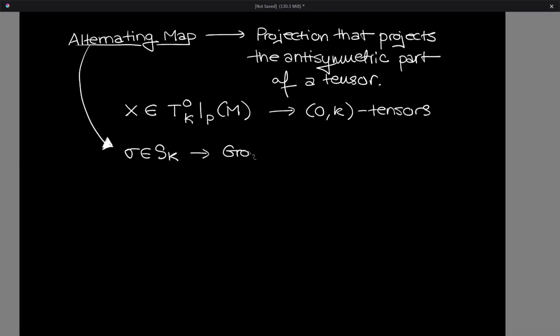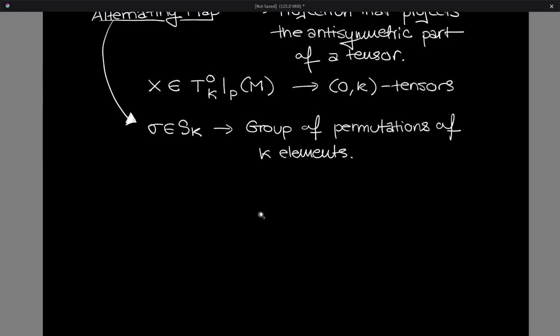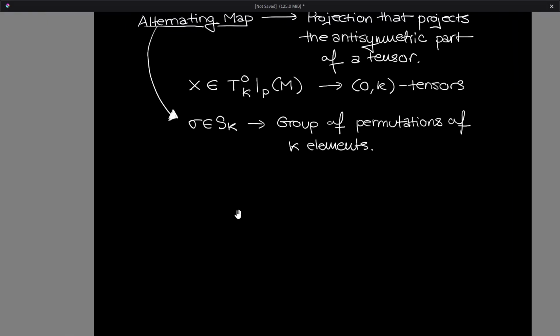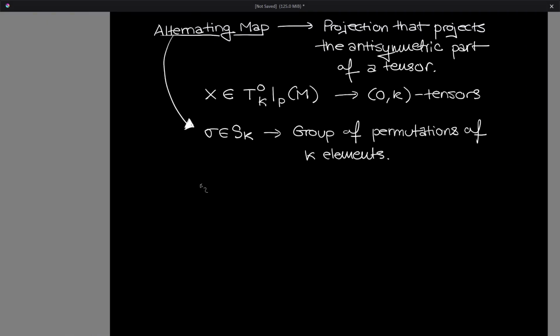We're doing a little bit of group theory now. In order to construct our antisymmetric element, we're going to need this sigma. Let's define its group action. How is it going to act on our element?